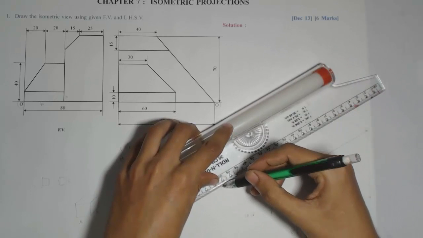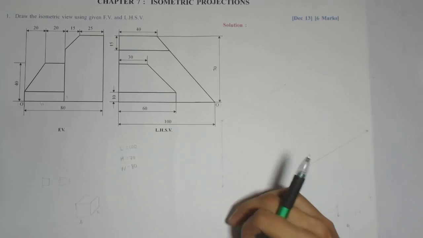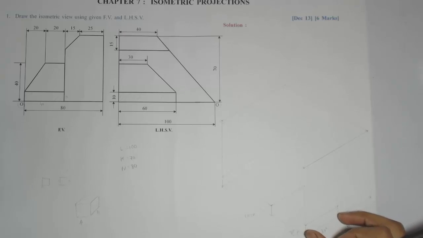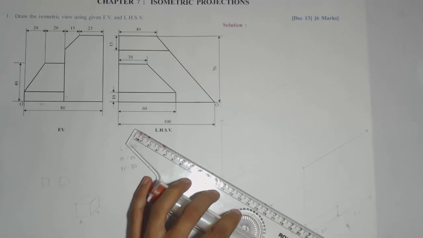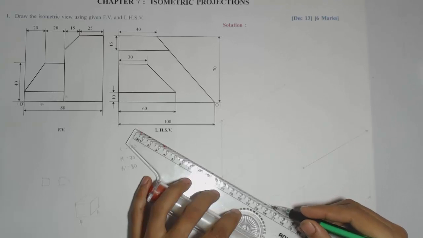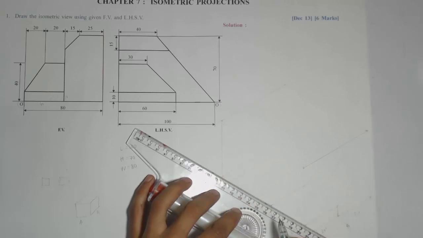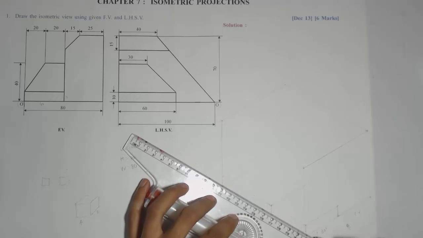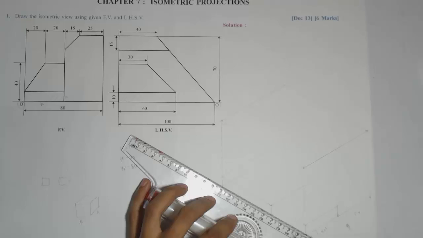Now after producing this length along the width, the same height I'll produce width along the length. So for that I'll take the reference of this boundary, which is the length, and if you see, the projector from this corner is obviously coinciding with this initially marked length on the left hand side view. Again, if you see this corner, again it is coinciding with the boundary of the box.